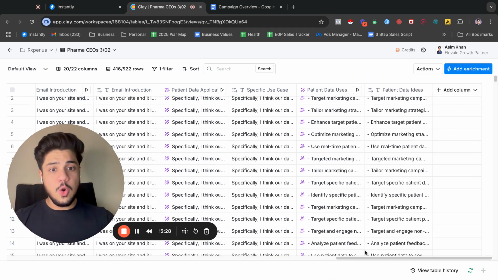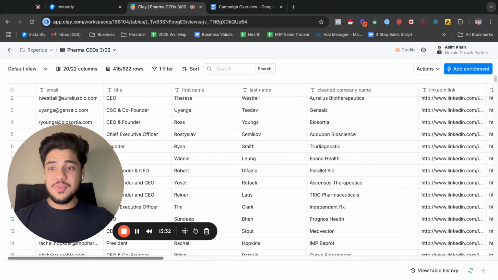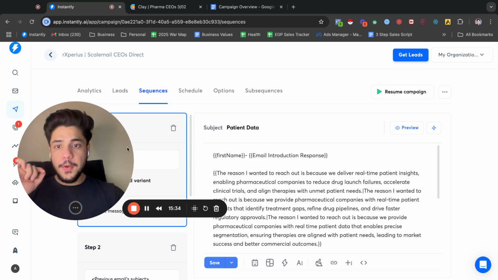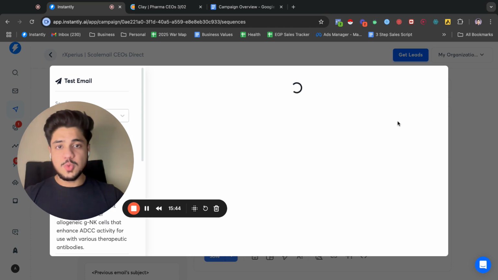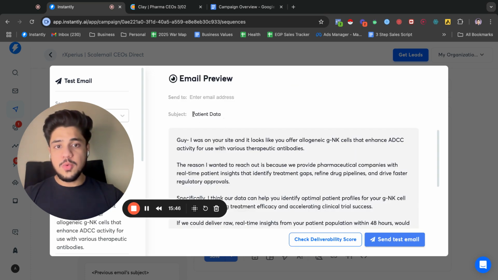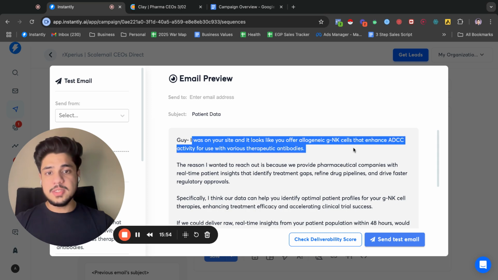So I think these are all the things that we had to do, and now I will show you what the final campaign copy looks like. All right, guys. As you can see over here, this is the copy that we are using, and I want to show you how exactly this works. We have the patient data, and then we get into the personalization that we did on Clay, where we say, I was on your site and it looks like you offer this thing.